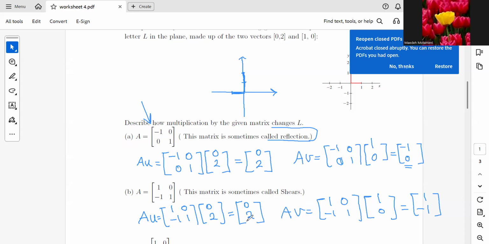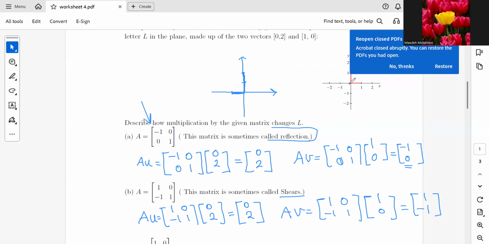As for the first one, it is 2 minus 0, and for the second one, it is 0 minus 1, so it will be negative 1 here. And it's about shears, or you would see that it is the rotation of clockwise and increase in length.